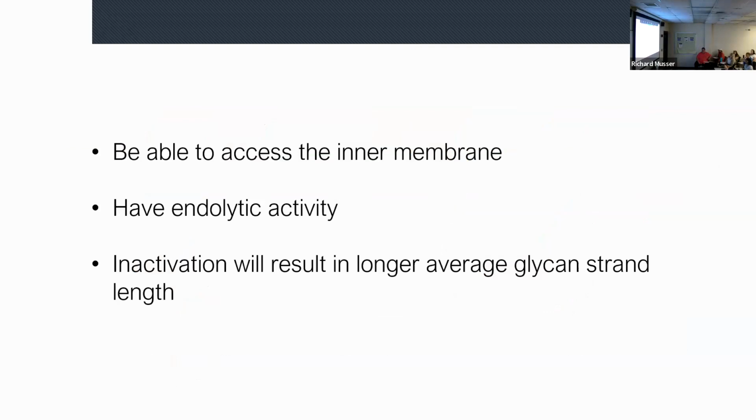So then the last characteristic we expect to have is that inactivation leads to longer average glycan strand length. In bacterial cells, all of the strands in peptidoglycan have an average length that remains constant. Each specific bacteria has a characteristic length. So you can measure this, and then you can compare mutants to see if it changes.